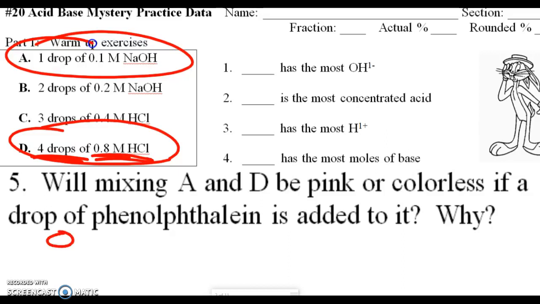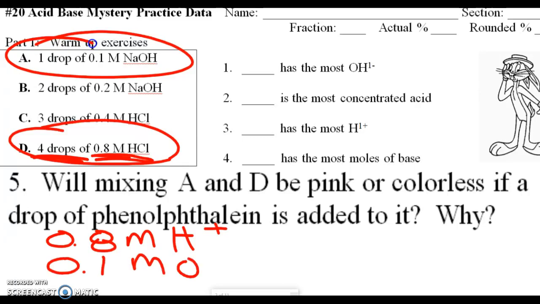So I have 0.8 molar HCl, which is hydrogen ions. And in A, I have 0.1 molar hydroxide. Sodium hydroxide has hydroxide ions in it. So just looking at that alone, I would say this is going to have more hydrogen ions in it.